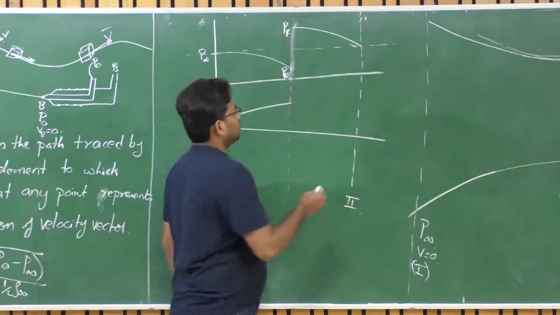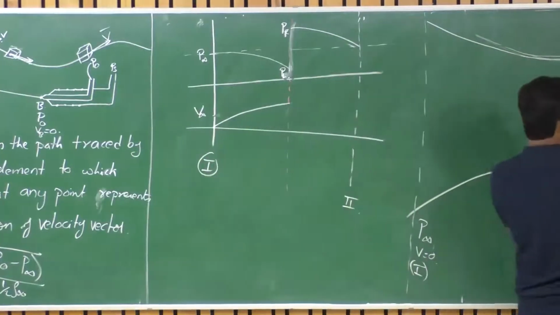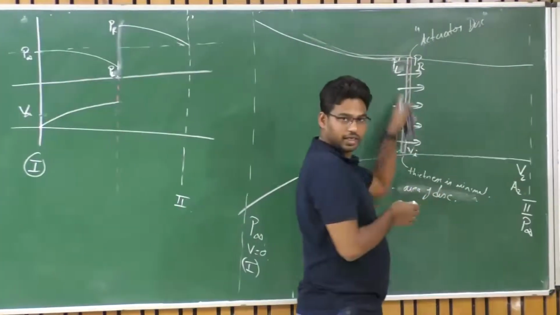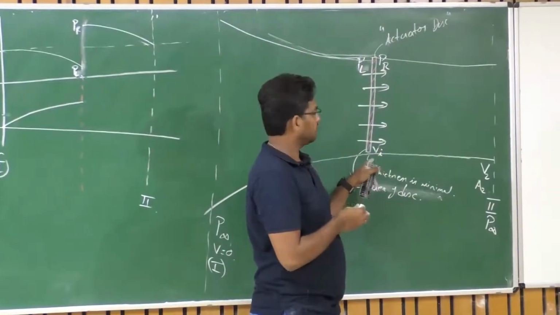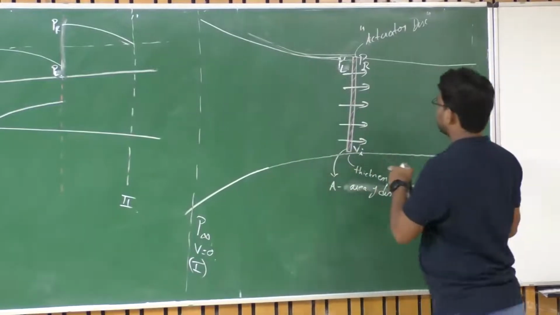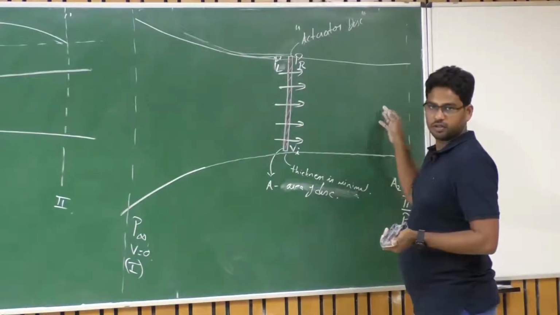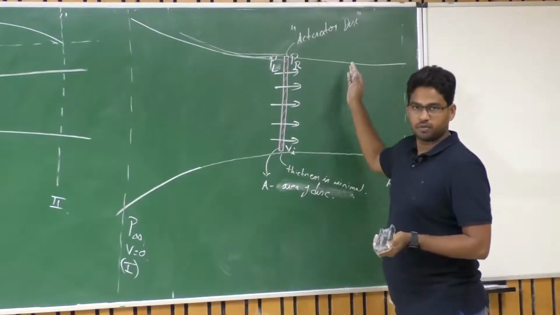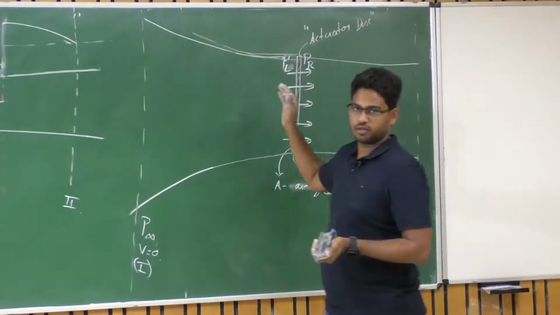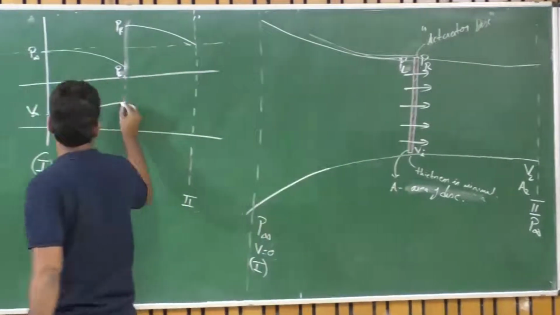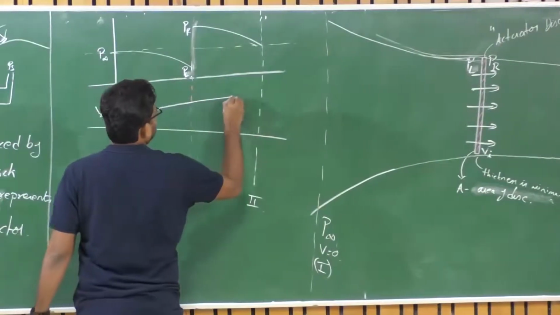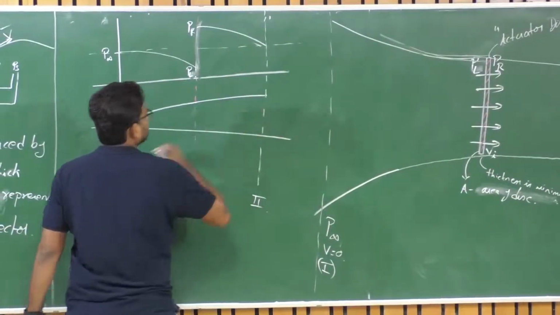Am I correct or not? Within this portion, again there is no addition of energy. Only at this disk there is an addition of energy. So within this portion we can still apply Bernoulli's principle. So P plus half rho V square is constant. So if P has to drop, dynamic pressure has to increase. Right? So let's see, will it follow that or not? We'll derive that. So the velocity increases.